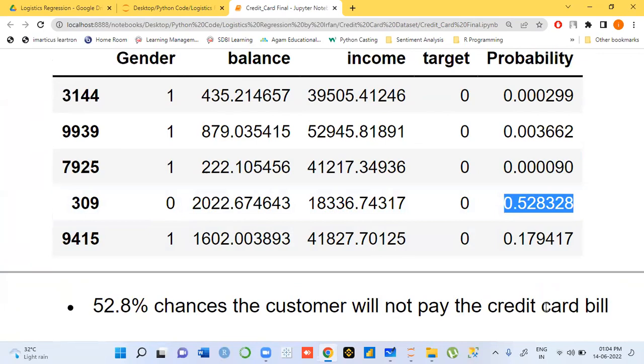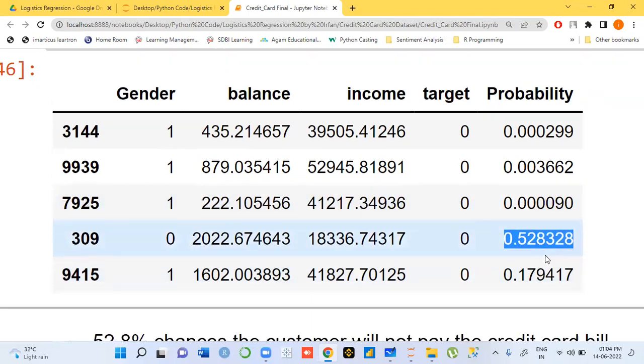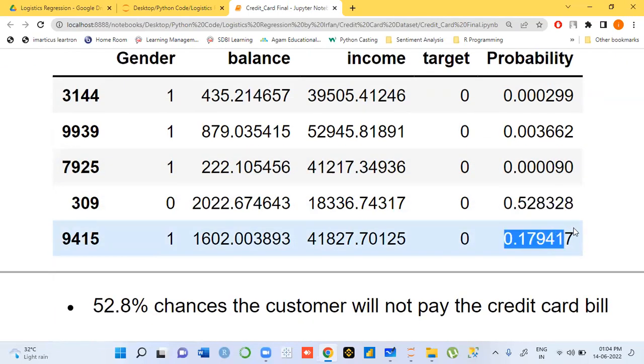This is the way of reading probability, because our objective is to find who will not pay the money. Now second, how to read this one? 17.94% will not pay the credit card bill. Easy to read.